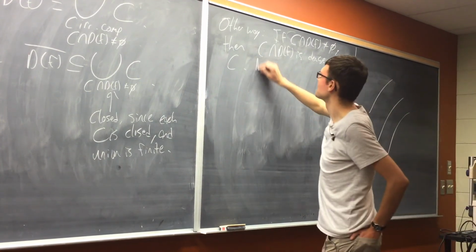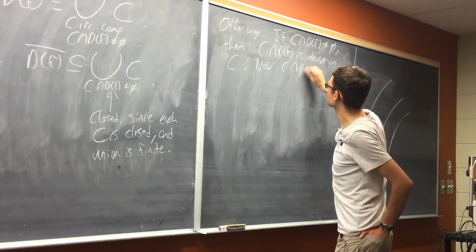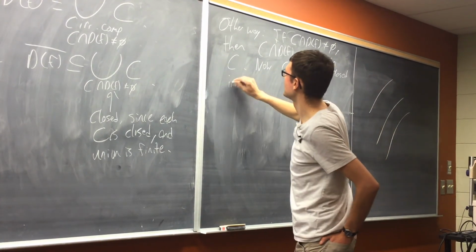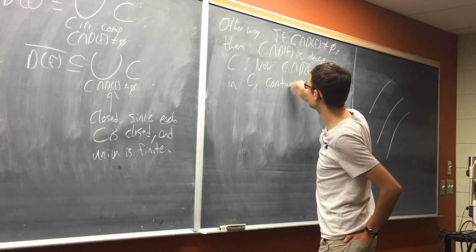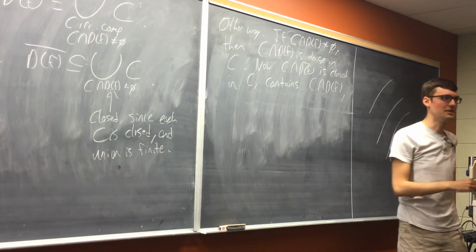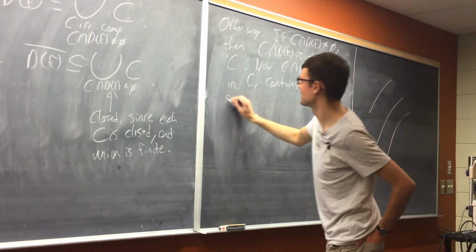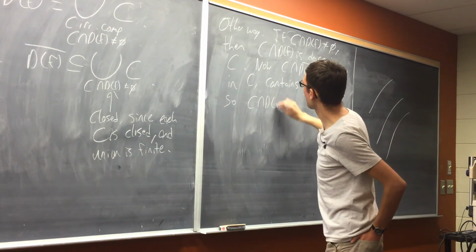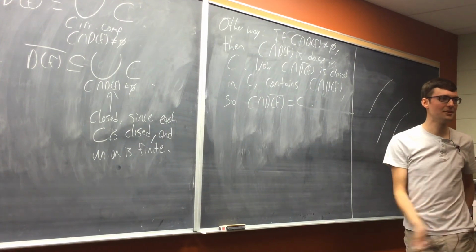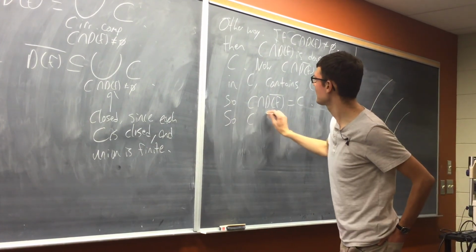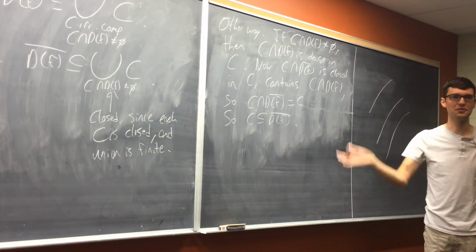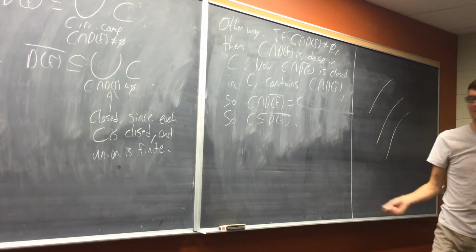Now, C intersect the closure of DF is closed in C and contains our target dense open set. Therefore, it's C. But this is a fancy way of saying C is contained in DF closure. And so the whole union is. And we're done.